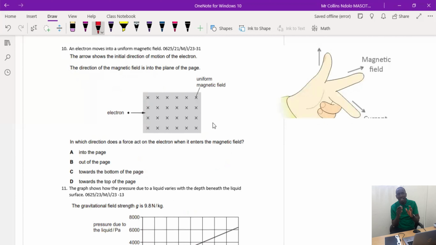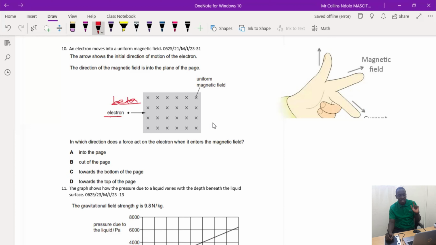The reason why this question is one of the challenging questions is because we want to look at electron and current, like things which are very different. But this is all about the motor effect. So if you don't find an electron here, next time you may find beta particles under radiation.